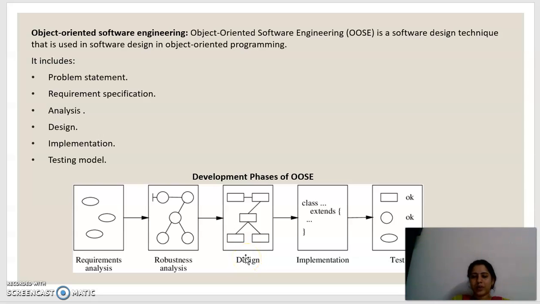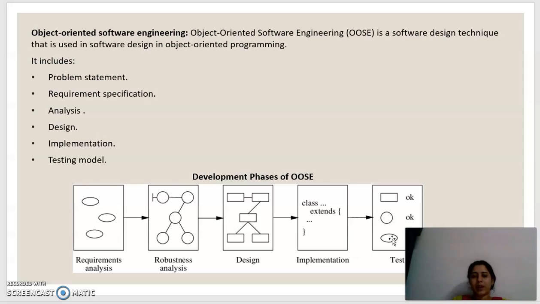Once the application is designed, the next step is implementation. Implementation means coding. Once the coding is completed, testing is done. In testing, again there are different types: unit testing, integration testing, and whole system testing. From lower level testing to higher level testing, different types of testing are done on the implemented software. After testing, there is also a need for maintenance of the software.